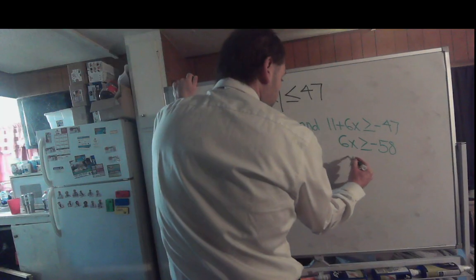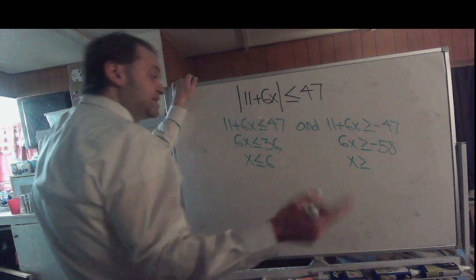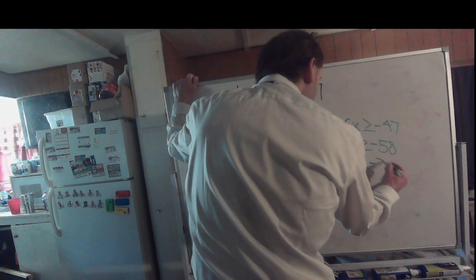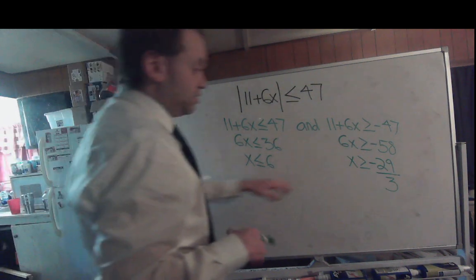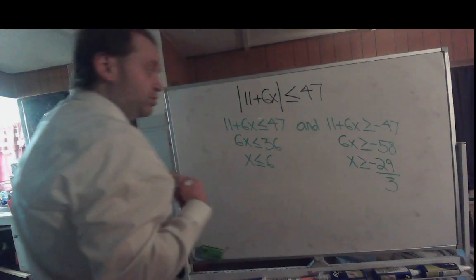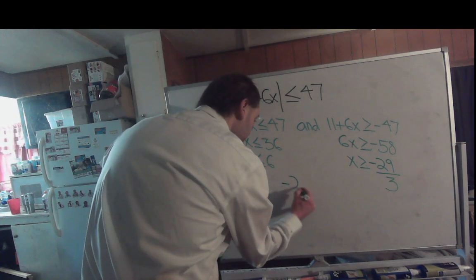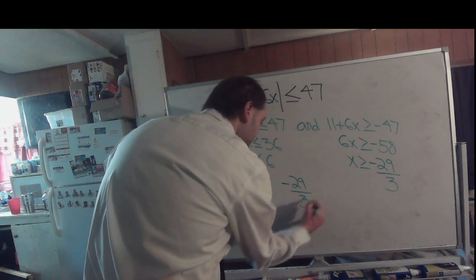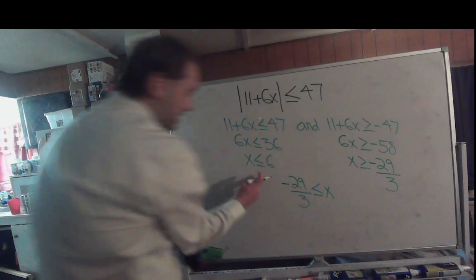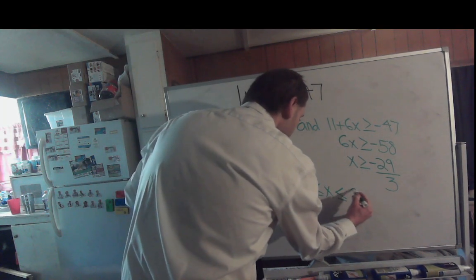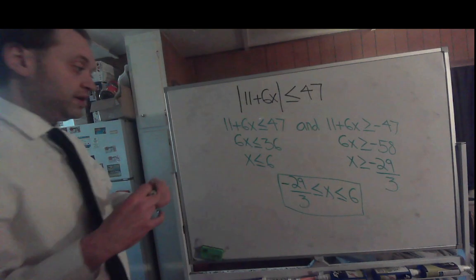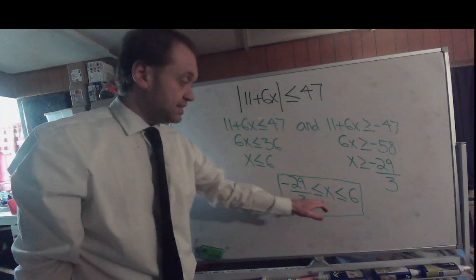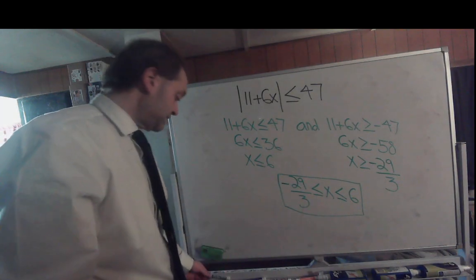So then x would be greater than or equal to negative 58/6, that would be negative 29/3. So if x is greater than or equal to negative 29/3, that means negative 29/3 is less than or equal to x, and then x is less than or equal to 6. So the solution to this inequality would be negative 29/3 is less than or equal to x, which is less than or equal to 6.